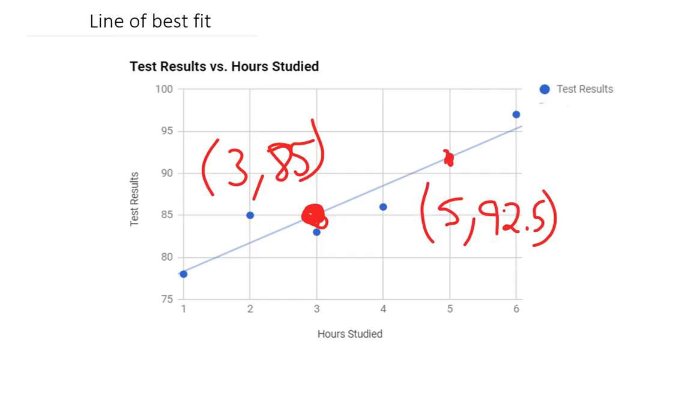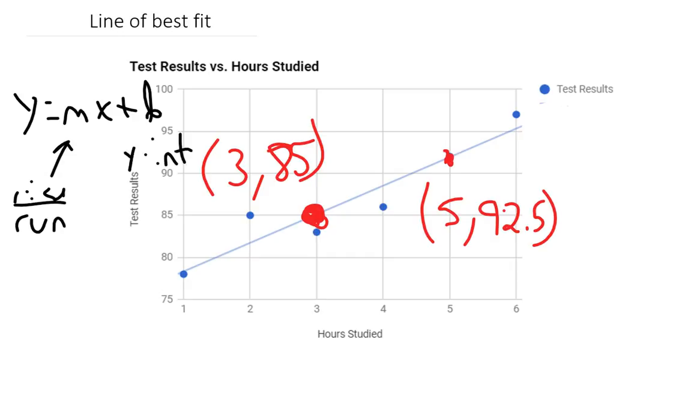So now if we want to find the equation for this line, since we do have a linear line, it's going to be a linear equation, which is y equals mx plus b. M being my slope, which is rise over run. B is my y-intercept.